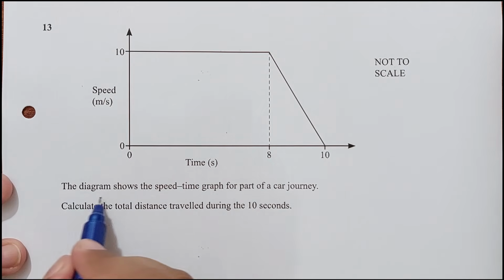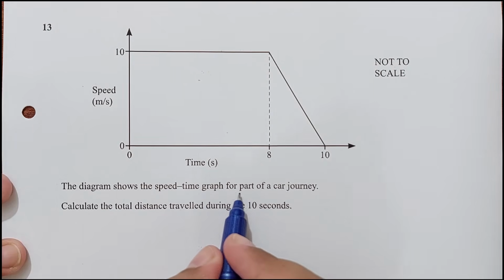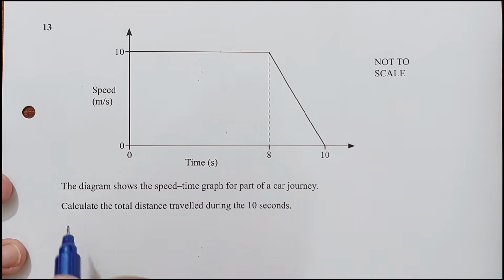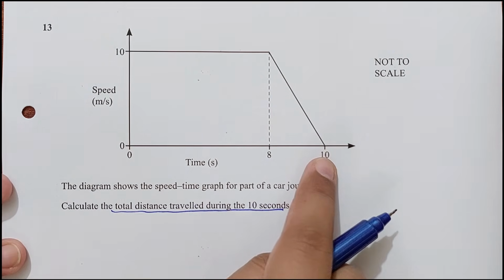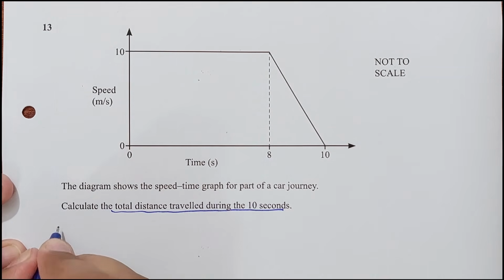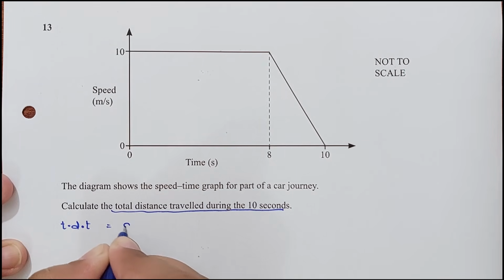Question number 13. The diagram shows the speed-time graph for a part of a car's journey. Calculate the total distance traveled during the 10 seconds, 0 to 10 seconds. We know that the total distance traveled is equal to the area under the curve.